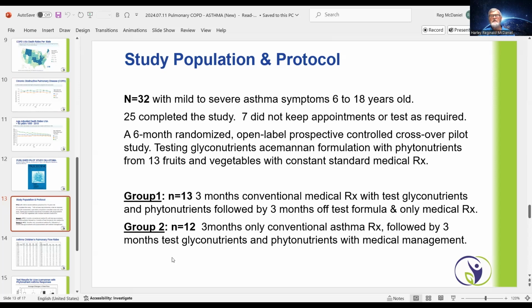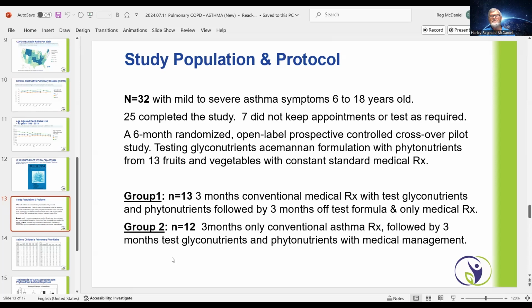Well, that's an empiric observation, long held that if you want to be healthy, have a broad choice from nature of fruits and vegetables. So this was added to the active ingredient from the aloe.